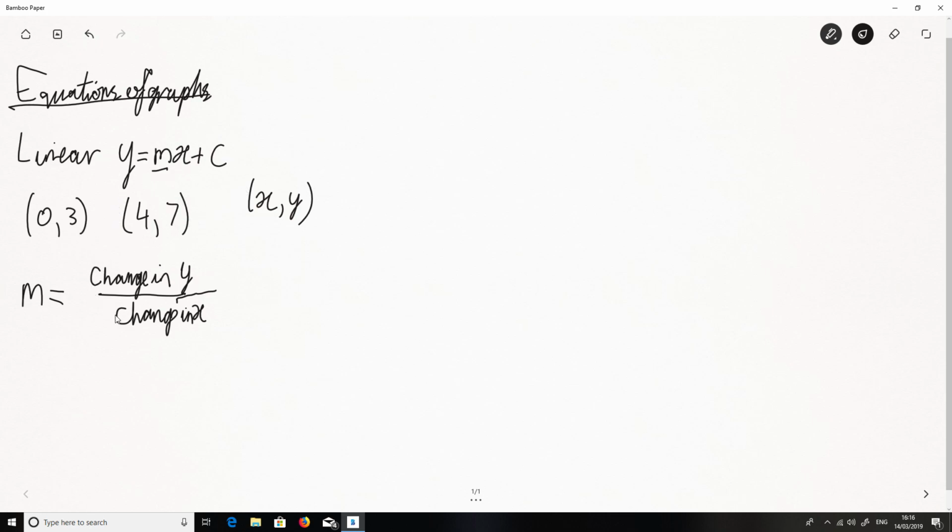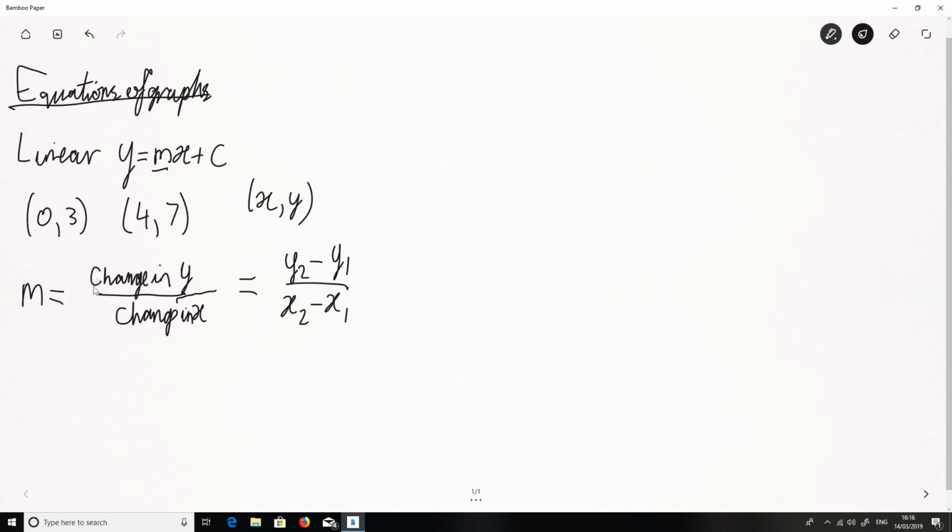So in order to figure out our gradient here, what we need to do is take the second y coordinate minus the first y coordinate. So we'll say y2 minus y1 over x2 minus x1.